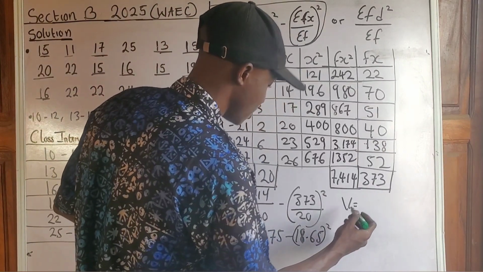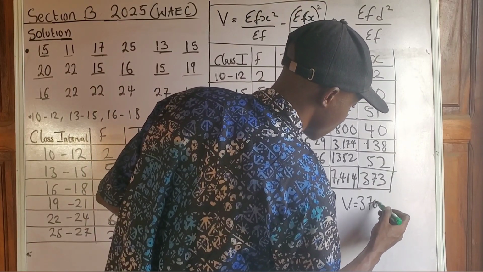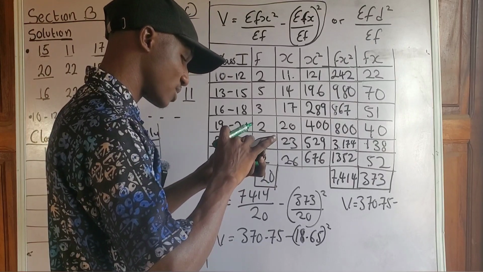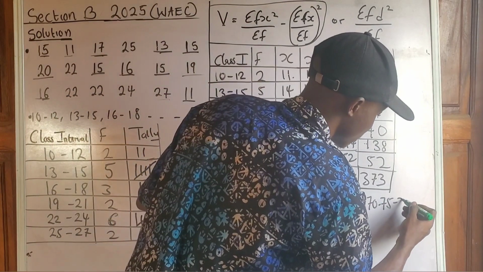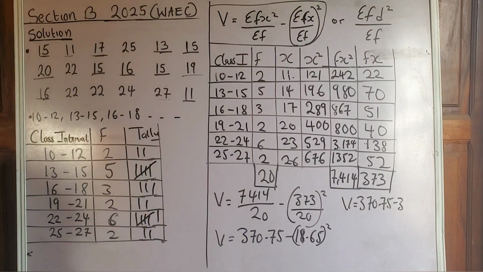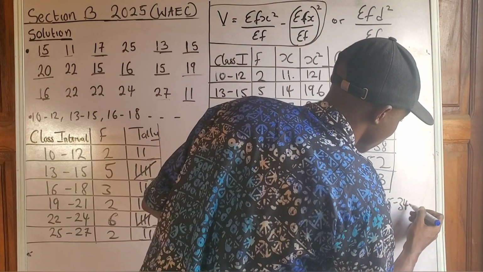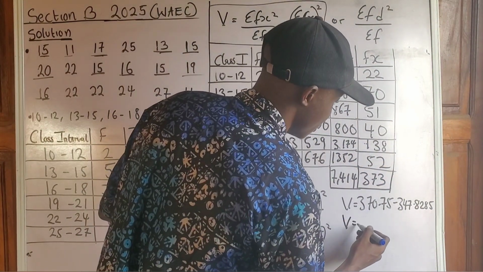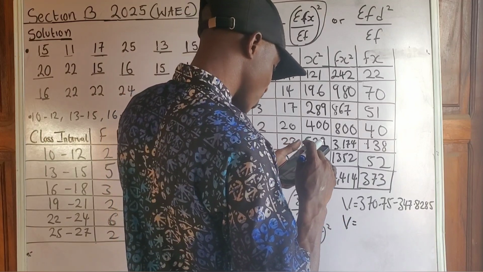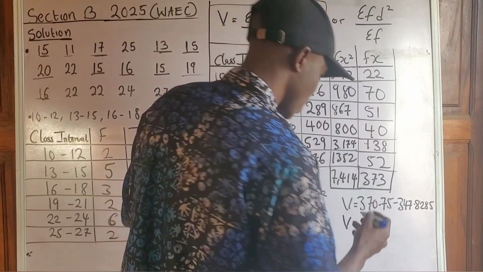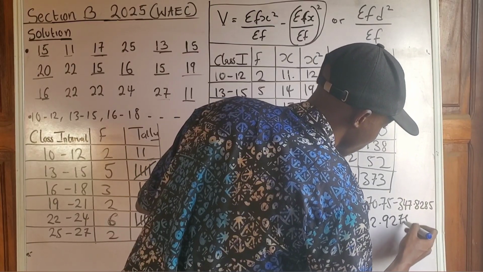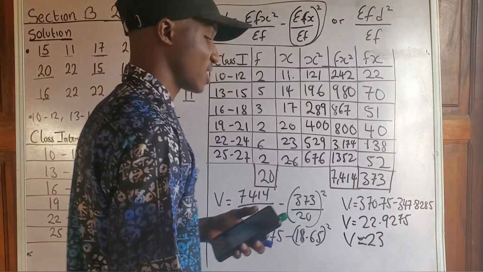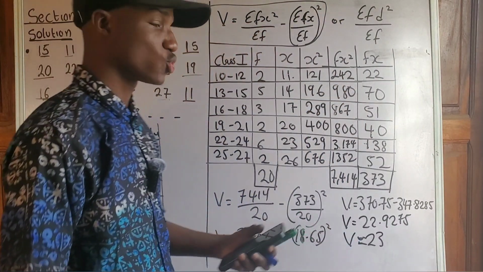So the variance here is 370.7 minus 18.65 squared. 18.65 squared is 347.8225. Do you understand? Subtract this from this, you're going to have 22.9275. So the variance is approximately equal to 23. Do you understand? So the variance of the distribution is 23.